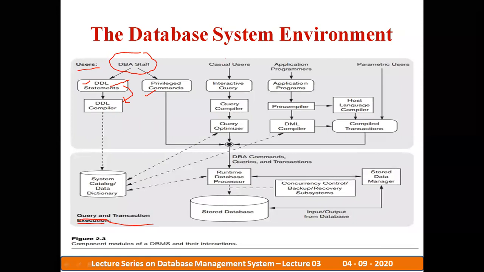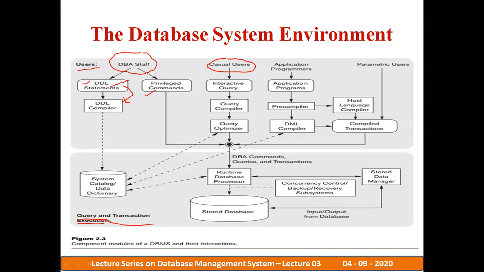Now the casual users, which we have discussed, are the end users. Casual users will write interactive queries. The interactive query can be done using any of the database interfaces. Either they can use a Google form, or the GUI, or a menu.